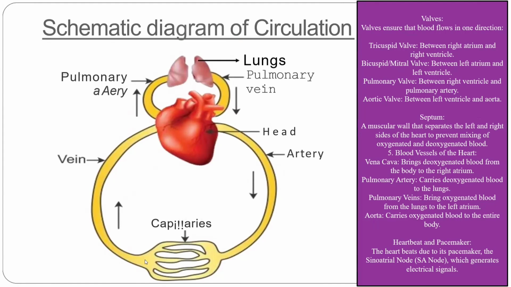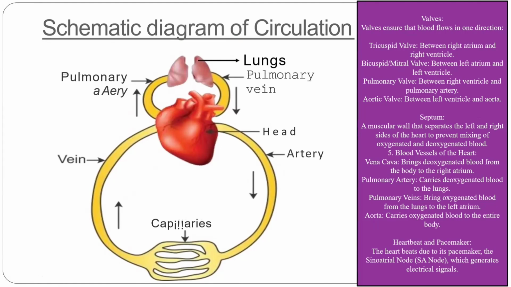And then, after coming from the body, the blood contains deoxygenated blood that comes in the vein, and then it comes to the heart, and then it sends that deoxygenated blood to the pulmonary artery.